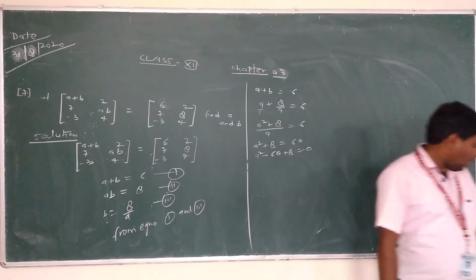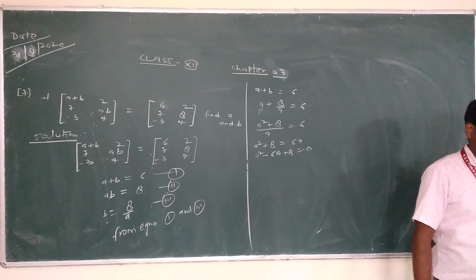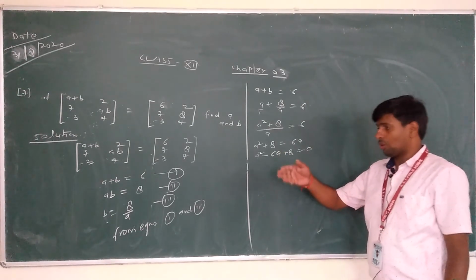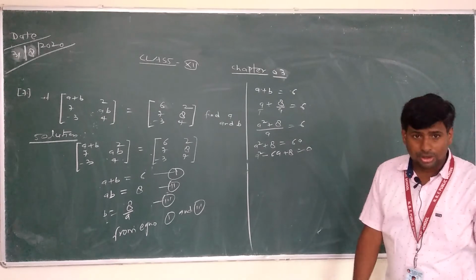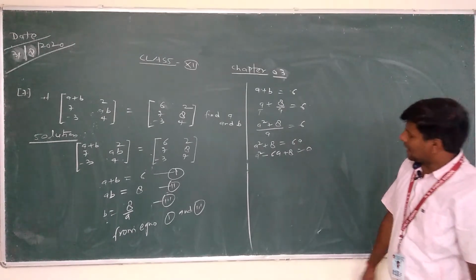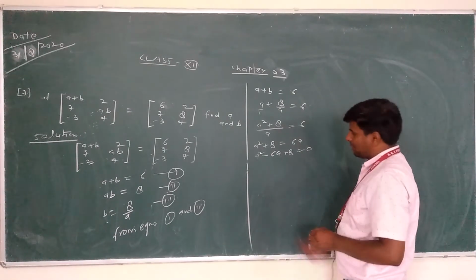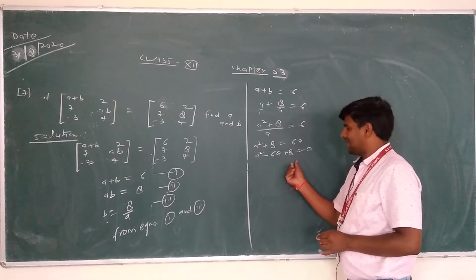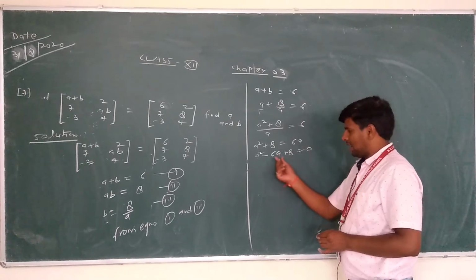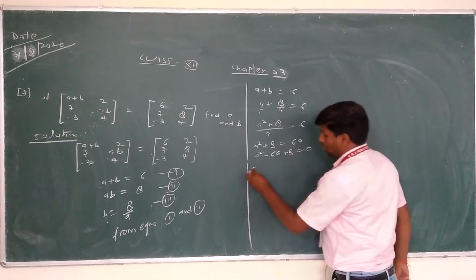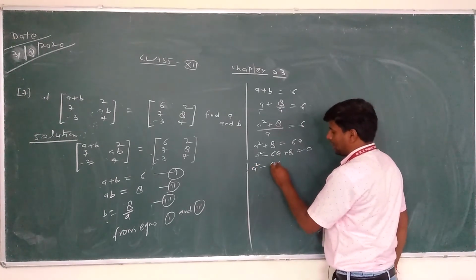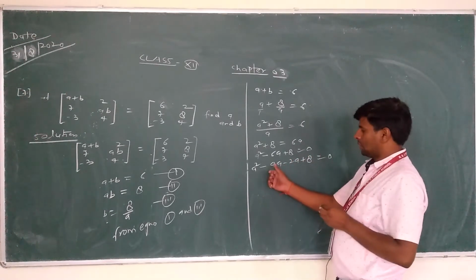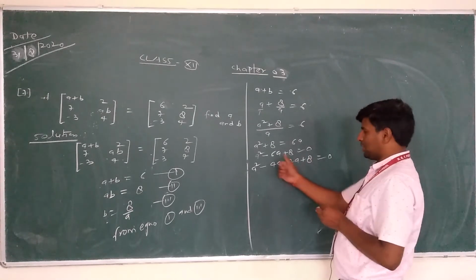It is a quadratic equation. All of you know how we can solve a quadratic equation: by using middle term splitting. The product is 8 and the sum is 6, so the middle term splitting is 4a minus 2a. 4 times 2 is 8, 4 plus 2 is 6.